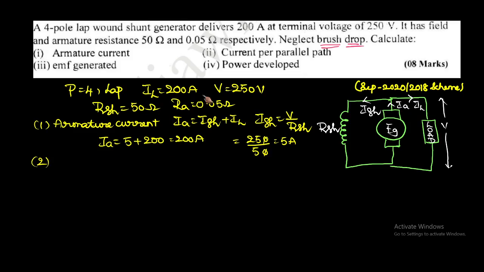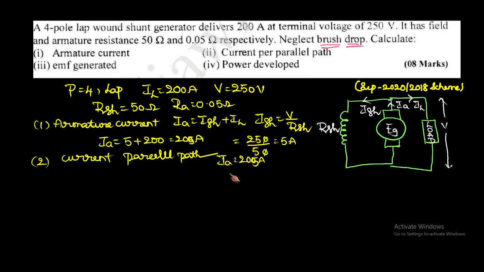See the second one, current for each parallel path. Here, the total armature current you got is IA equals 205 amperes, and he is asking what is the current for each parallel path.